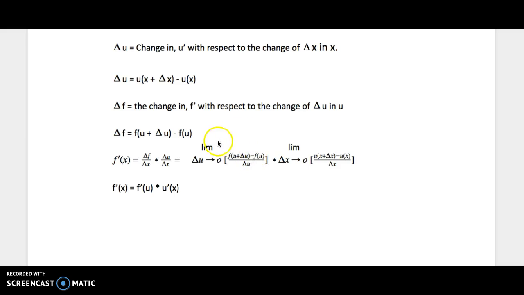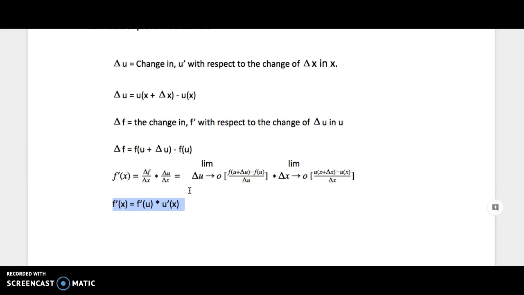So this right here is the f prime of u, and this here is the u prime of x, meaning that we've just proven the chain rule here.